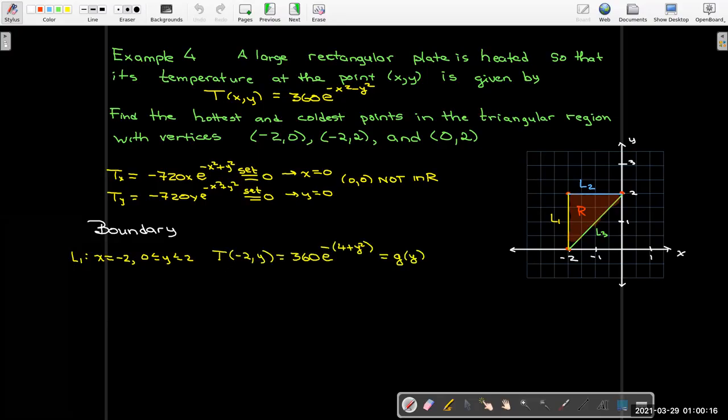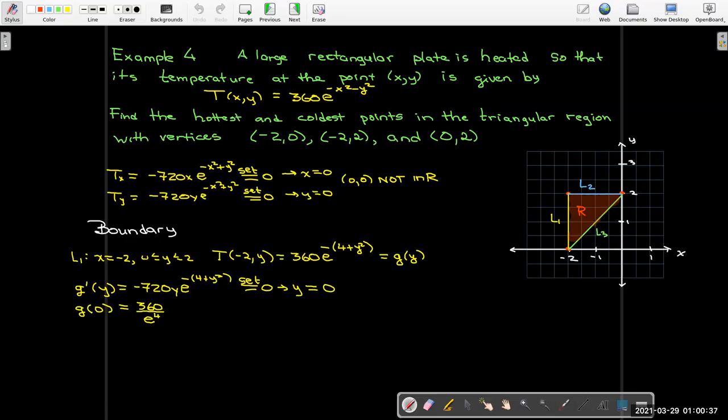The first two we'll go through pretty quickly. The first one is where x equals negative 2 and y ranges from 0 to 2. So when I put negative 2 in the place of x, I get a function of y only. And so I will go ahead, take the derivative, and set that equal to 0. My critical number turns out to be one of the endpoints, so I only need to evaluate this g function at 0 and at 2.